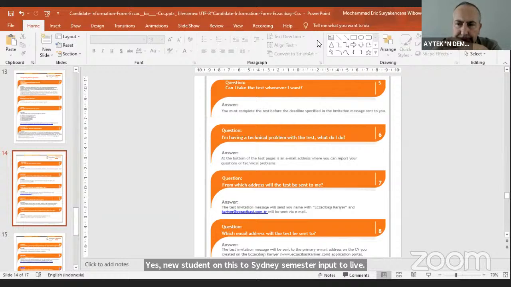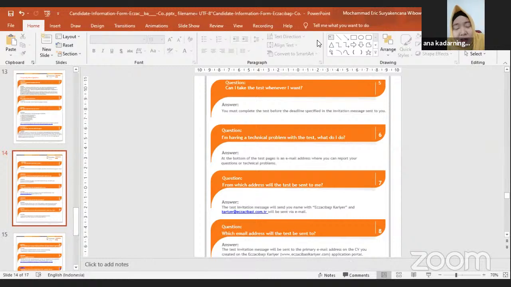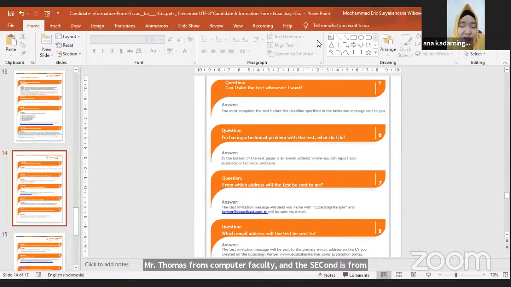New and old? We have 5 faculties. The biggest new student intake is from the computer faculty, and the second is from the economics and business faculty. So we are in the second place for new students.